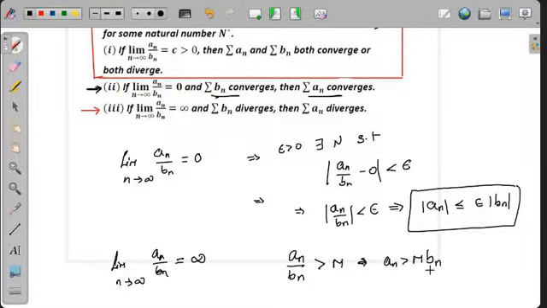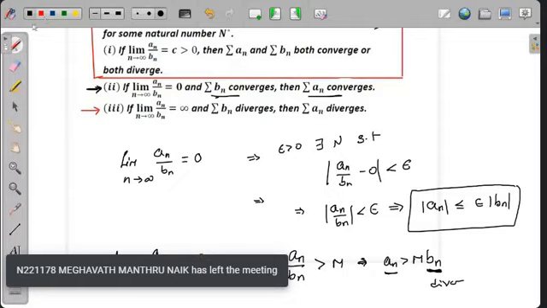So now if this summation is divergent, and it is below an, definitely I can say that the summation an is also divergent. But we may not conclude the other way. Why? Because here you have some constant multiple.